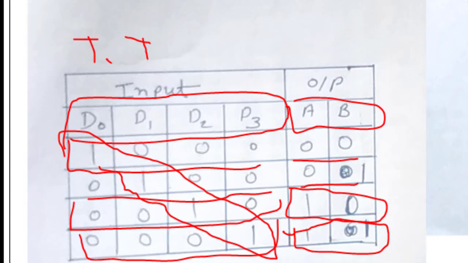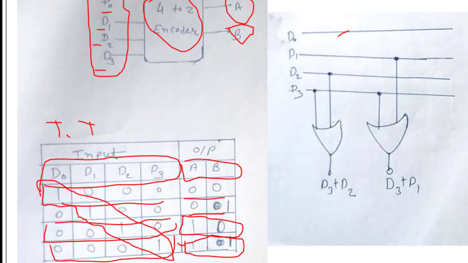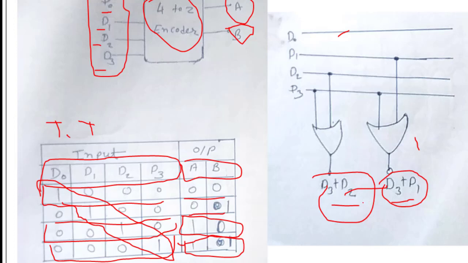So as per the truth table, we can write the Boolean equation for A and for B. For A, the Boolean equation is D3 plus D2, and for B, the Boolean equation is D3 plus D1. So let's verify this.